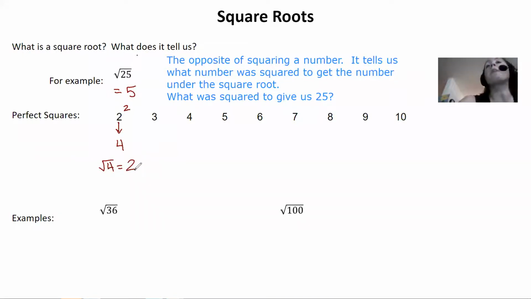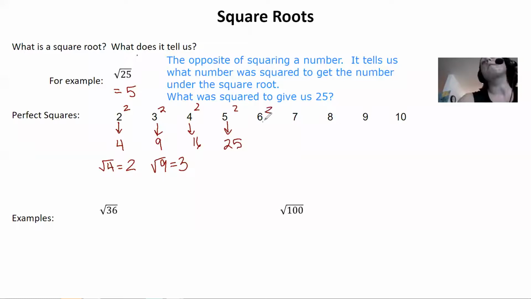It works that way, forward and back. 3 squared gives us 9, and the square root of 9 is 3. 4 squared is 16, and the square root of 16 would be 4.